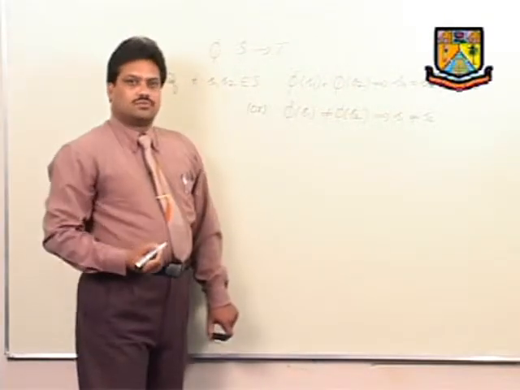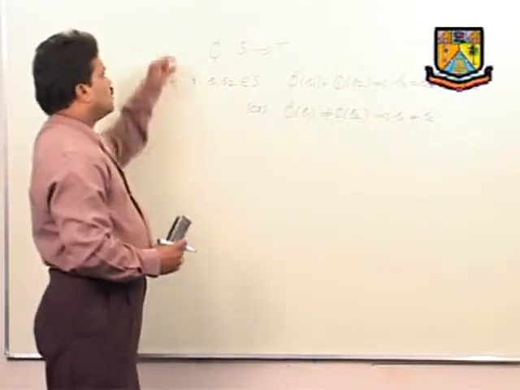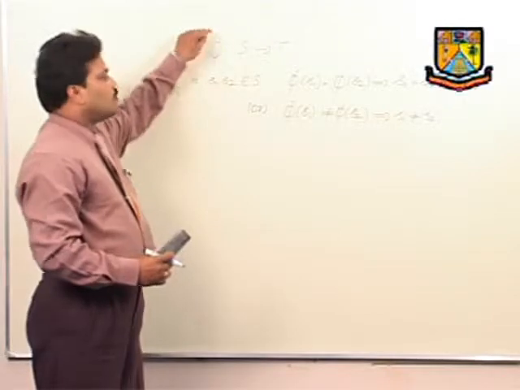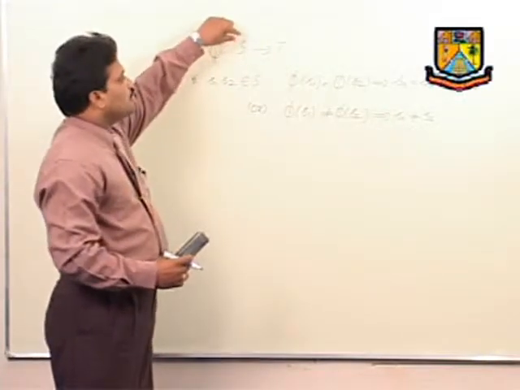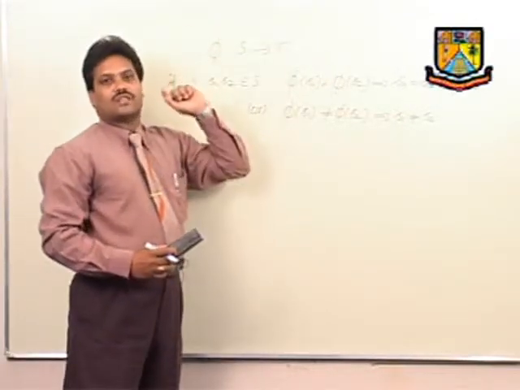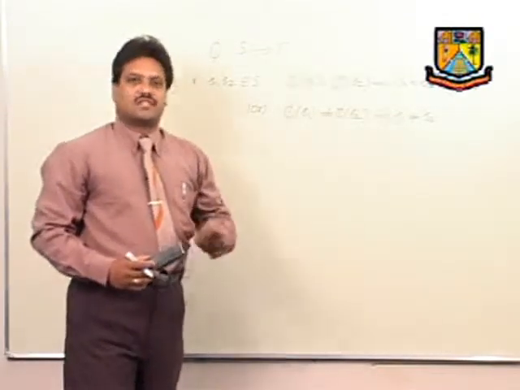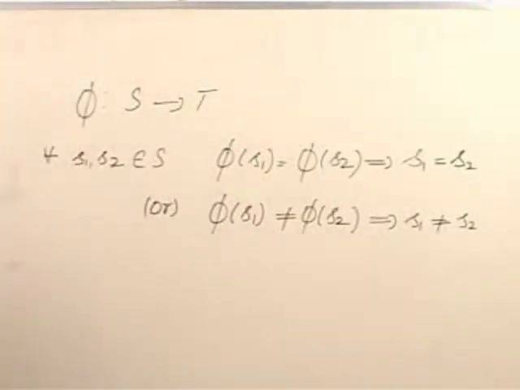Next, onto or surjective mapping. If phi is a mapping from S to T, then for each element in S, there exists a unique image in T. So that is called as an onto or surjective. A mapping which is both 1-1 as well as onto is called a bijection mapping or 1-to-1 correspondence.